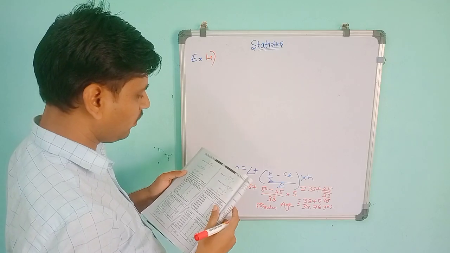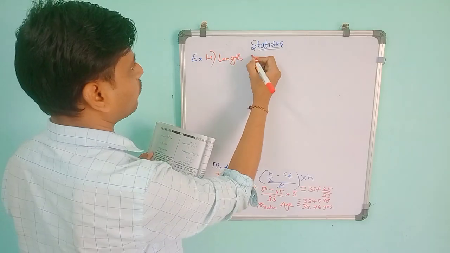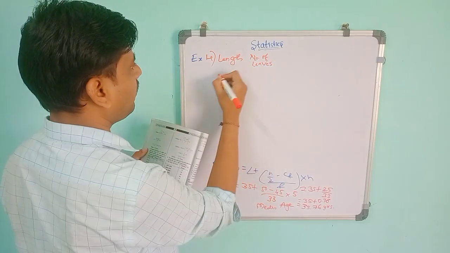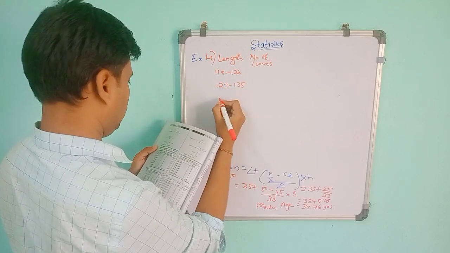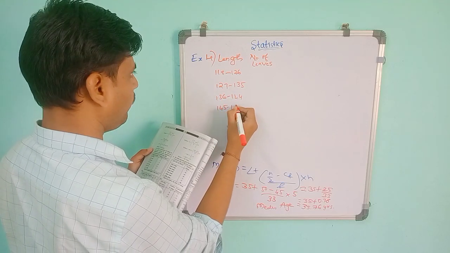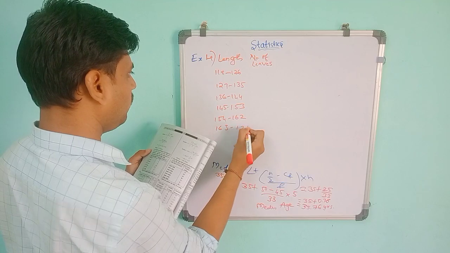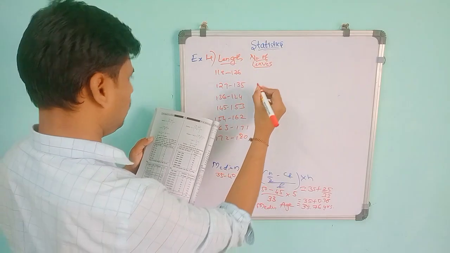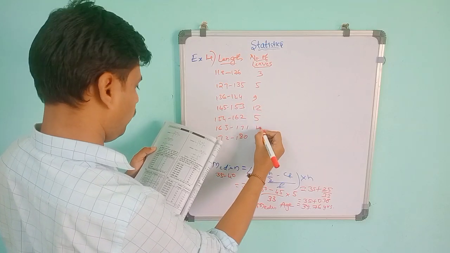The length and the number of leaves are given. The lengths are 118 to 126, 127 to 135, 136 to 144, 145 to 153, 154 to 162, 163 to 171, then 170 to 180. For these they give 3, 5, 9, 12, 5, 4, 2.